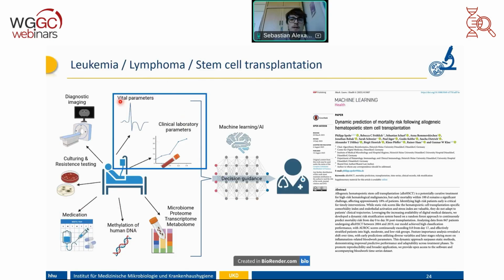And these two we used for a different study, so the same patient cohort, but different data. This was mainly done by our informaticians, and they developed an algorithm for a dynamic prediction of the mortality risk of the patients using these data.